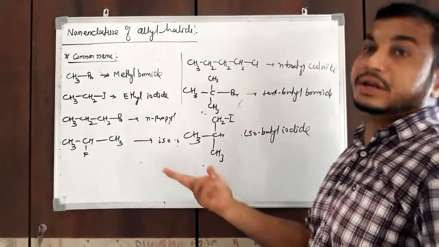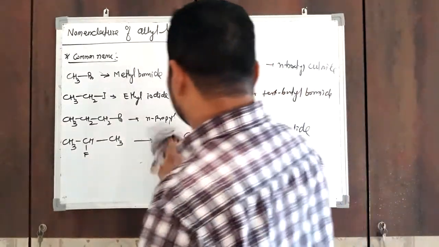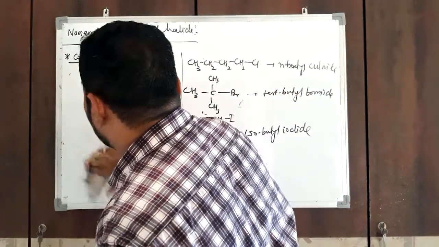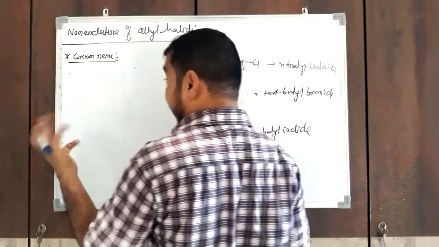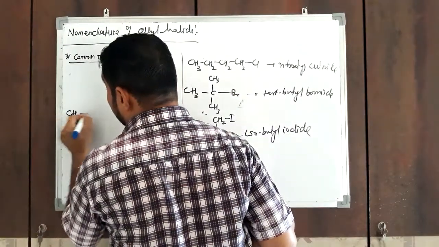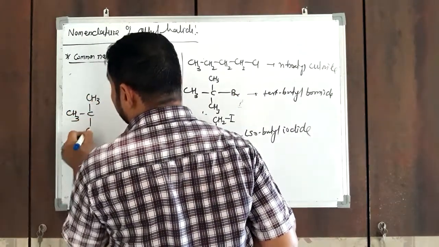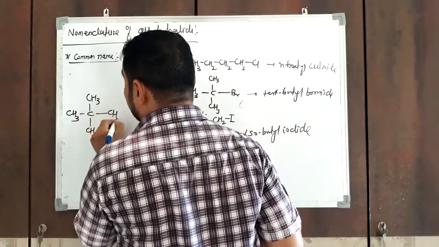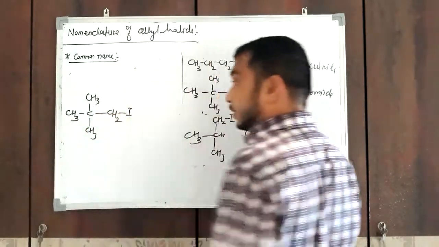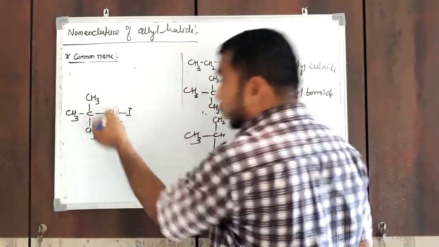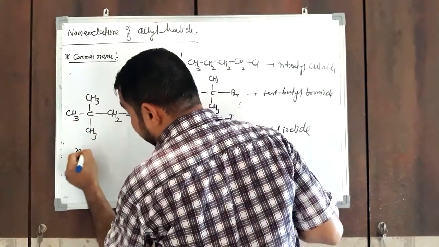Okay, n-pentyl chloride, n-pentyl iodide, like this. n-pentyl. Okay, isopentyl, then neopentyl, CH2I. See, this is pentyl group, neopentyl iodide.